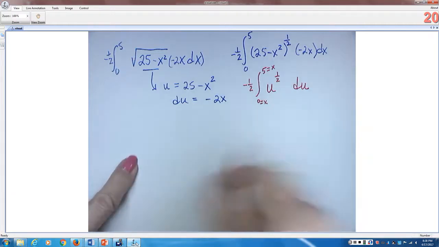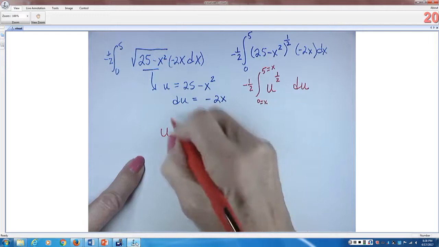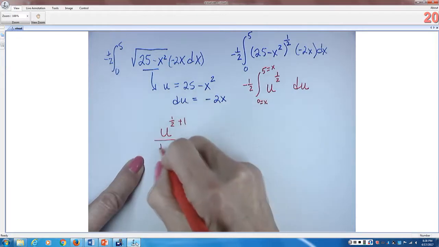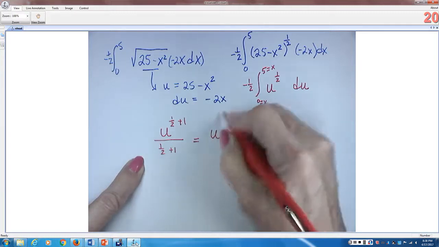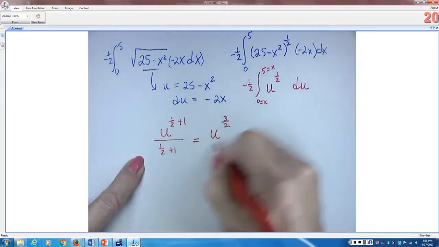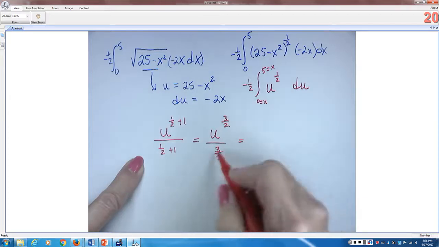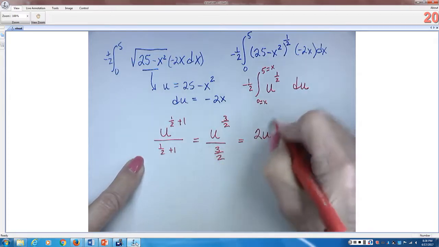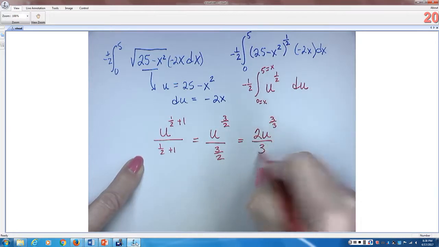So the integral then is going to be u to the 1/2 plus 1 over 1/2 plus 1, which is equal to u to the 3/2 divided by 3/2, which is multiplying by 2/3, so it turns out to be 2u to the 3/2 divided by 3.